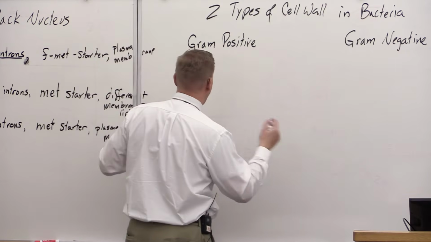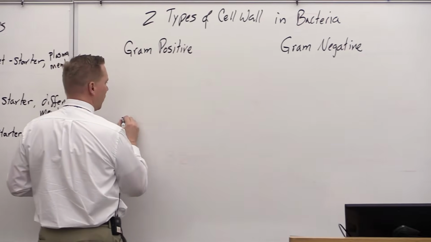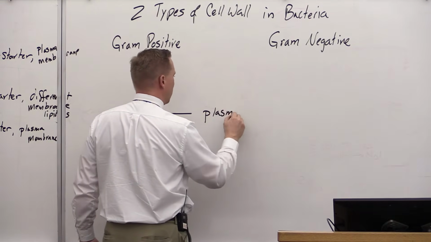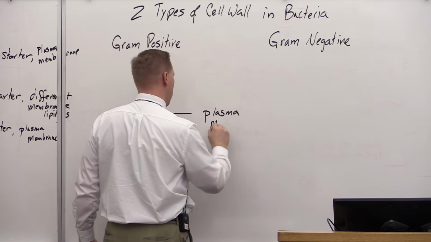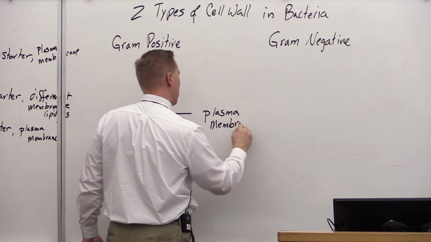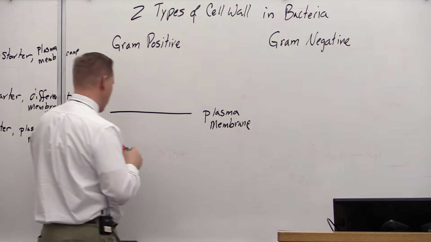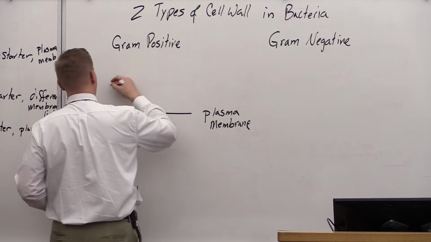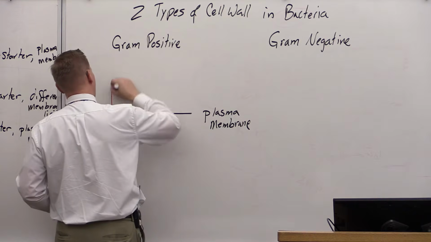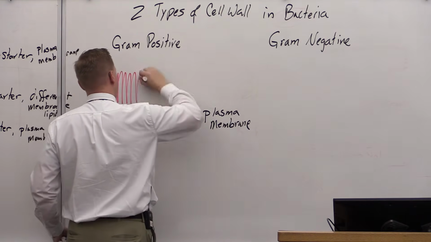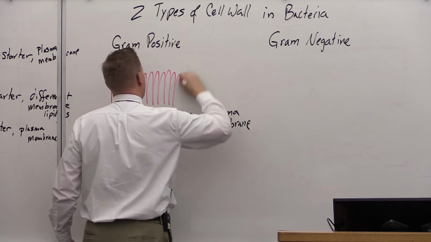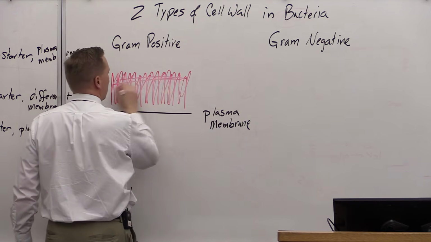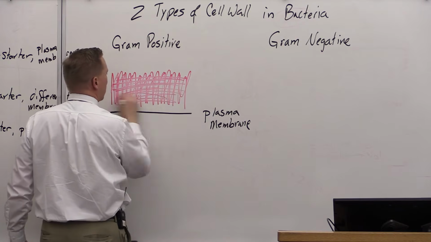So if we look a little bit at the structure of this, in a gram-positive cell, we'll call this layer down here at the bottom the plasma membrane in black, just as is over there on the drawing that we previously did. And the cell wall of gram-positive bacteria has a thick layer of a material that we already mentioned called peptidoglycan.